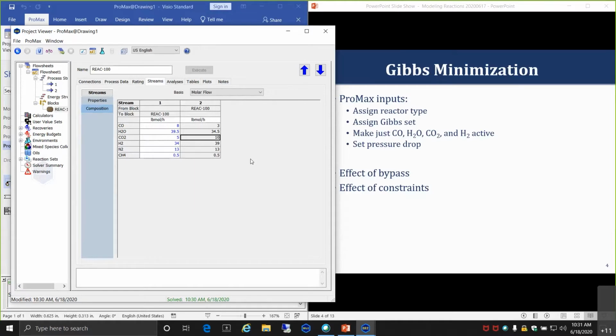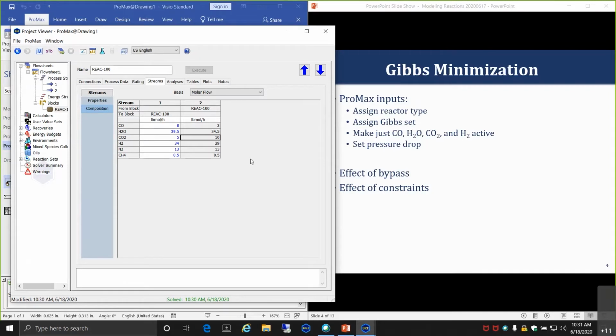And so if you know what your amounts should be to match plant data, for instance, for a given reactor, you can do that. And then the other items are going to adjust in accordance to meet the minimum Gibbs energy, assuming that that one composition is going to be as you stated.